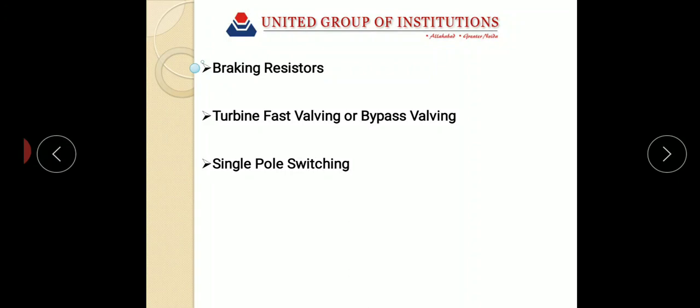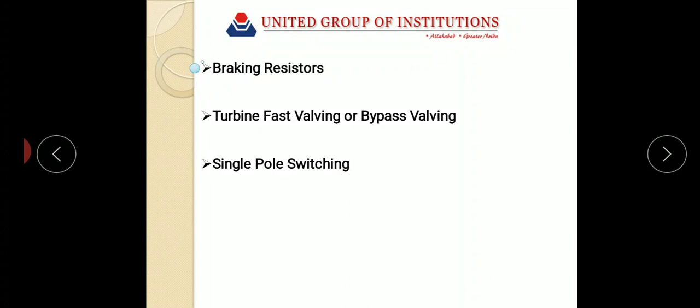This method is also known as dynamic braking. So a control scheme connects the braking resistors to the generators through circuit breakers. The scheme also determines the amount of resistance to be connected and the duration of its connection.